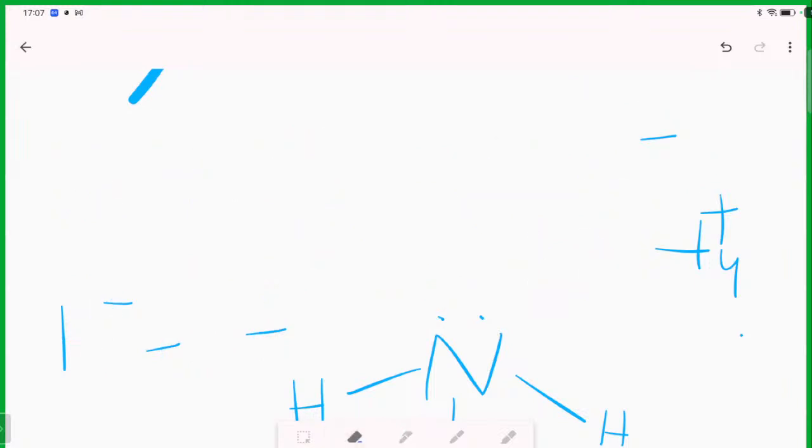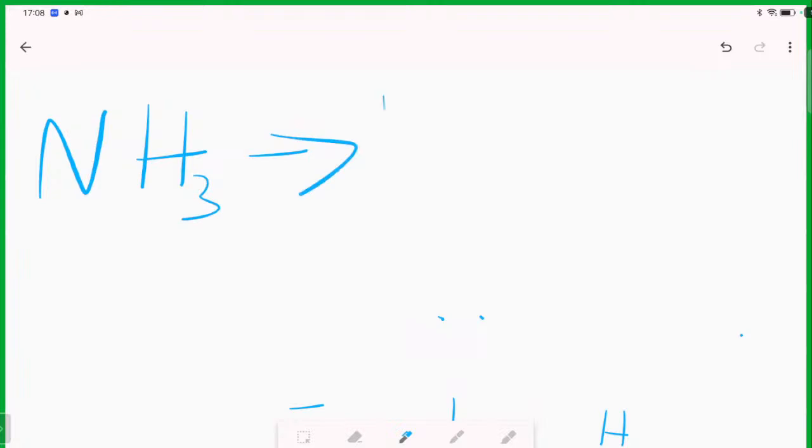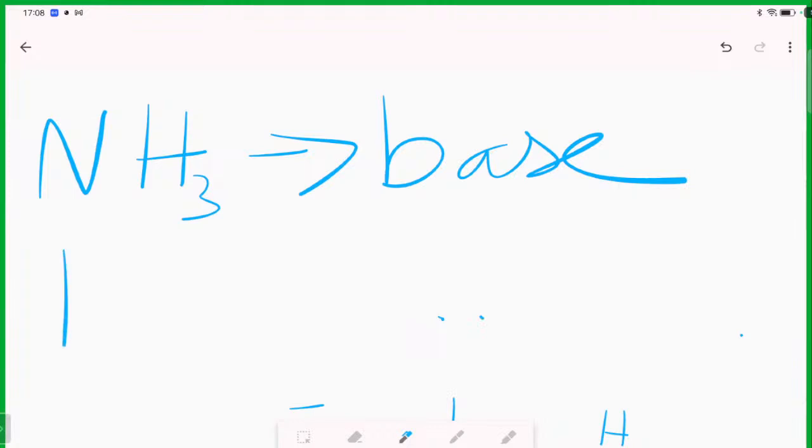So इसमें क्या हुआ? NH3 ने इलेक्ट्रॉन पेयर को डोनेट किया to H plus. So NH3 has become a base now, ना? और जिसने एक्सेप्ट किया, किसने एक्सेप्ट किया?